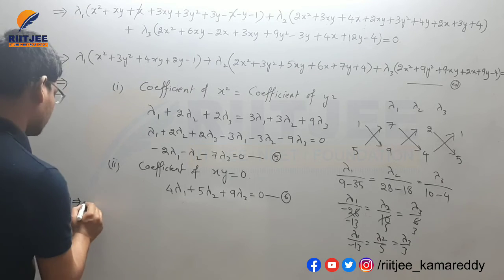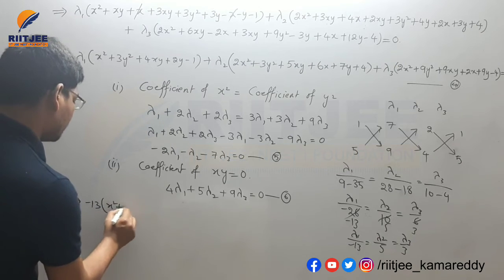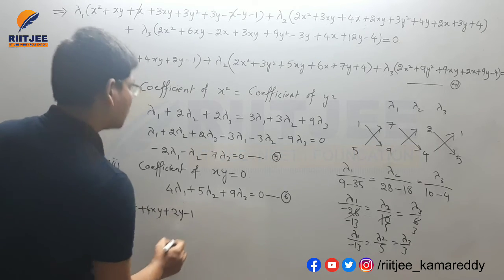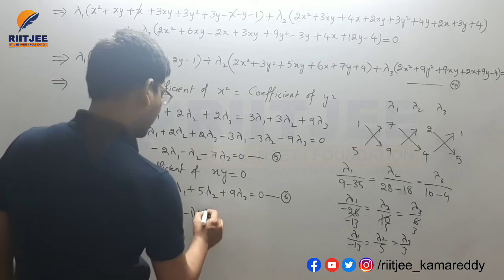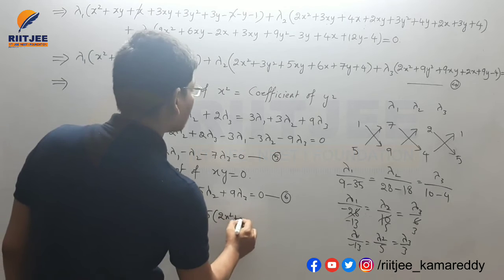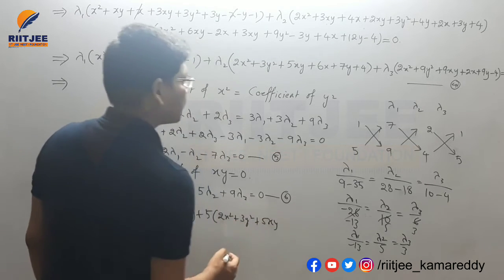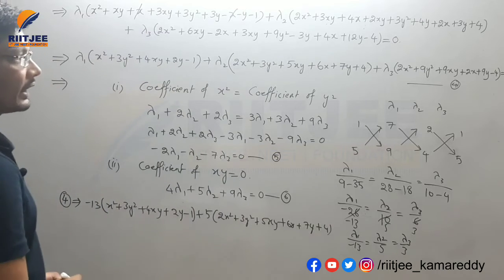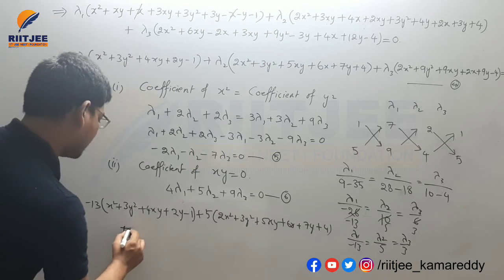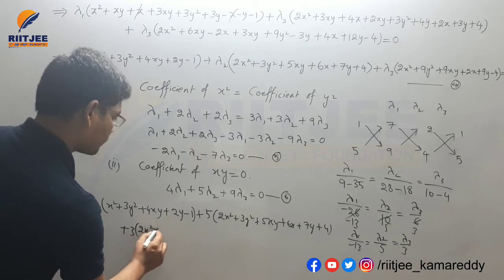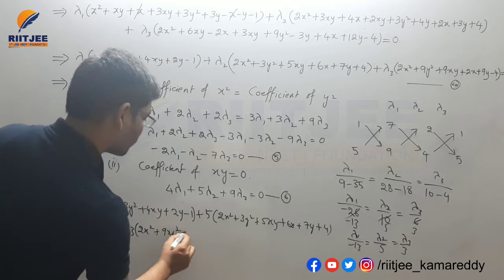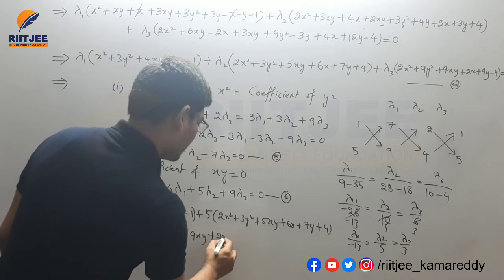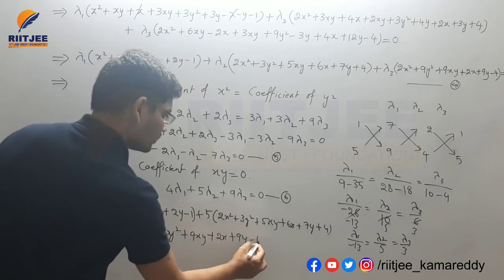Let's substitute the value of lambda 1, minus 13, into x square plus 3y square plus 4xy plus 2y minus 1, plus lambda 2 value, which is 5, into 2x square plus 3y square plus 5xy plus 6x plus 7y plus 4, and lambda 3 value, plus 3 into 2x square plus 9y square and 9xy, 2x plus 9y minus 4, is equal to 0.